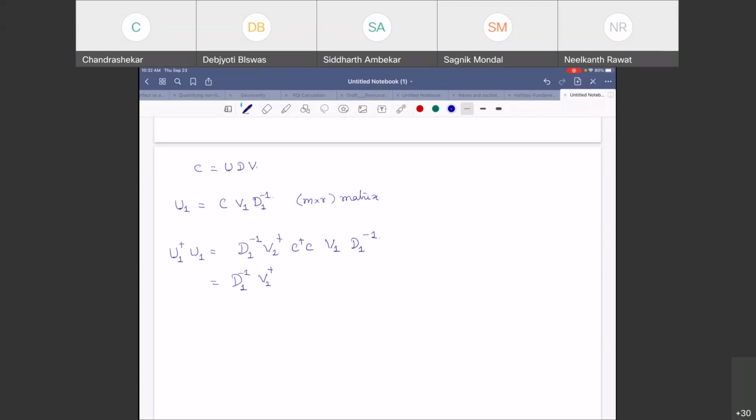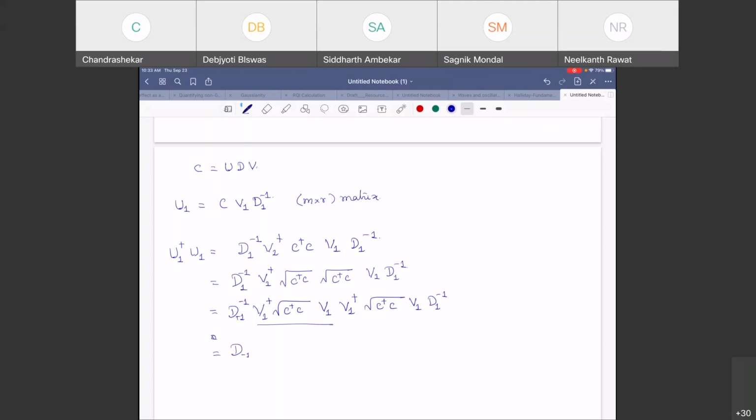Now we can split the C dagger C in the middle as follows: C dagger C, D1, D1 inverse. Now this whole thing is D1.